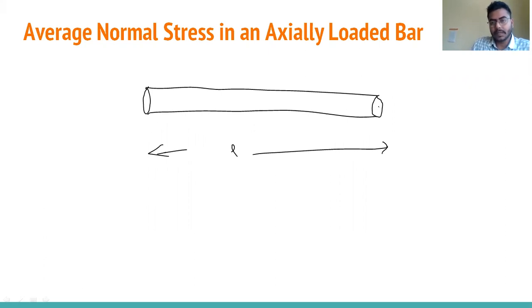I'm writing a pulling force, that is P. Force P is acting now. And this area is capital A, the total cross section area.